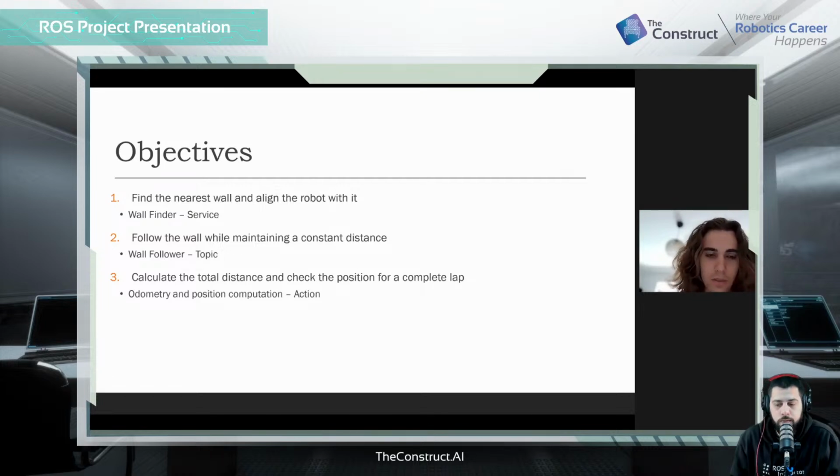And the third objective was to calculate the total distance and to check the position, to compare the current position with the starting point to know if it has done a complete lap. And this was done by using an action.